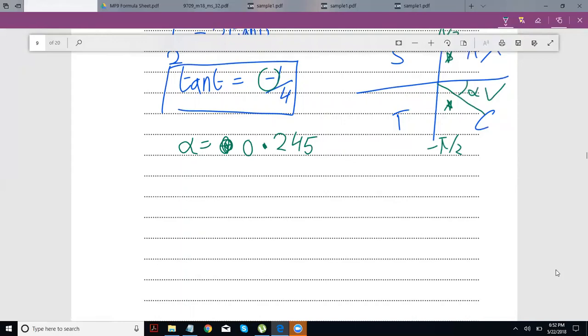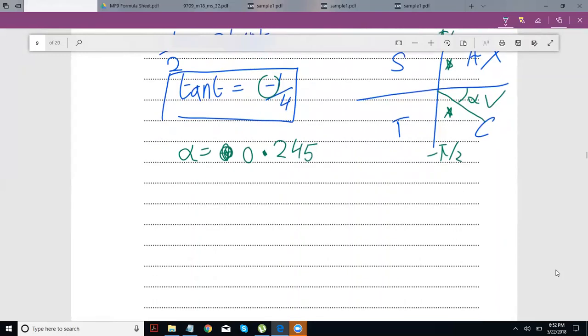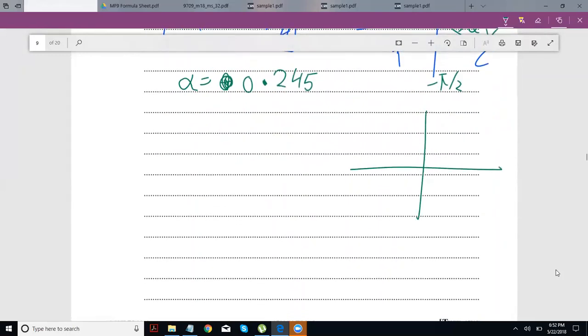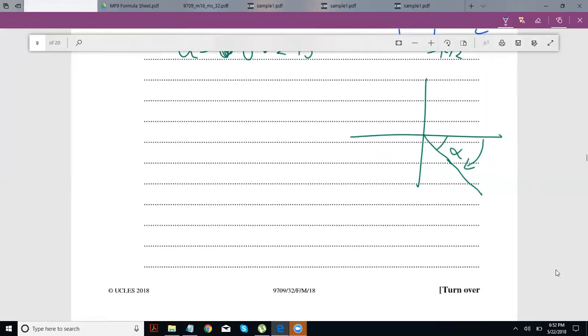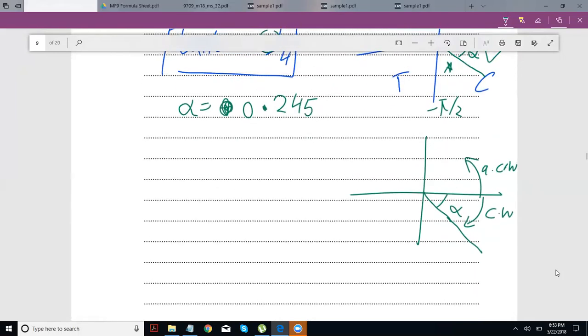Now if I just draw this again, your basic angle is the angle that it makes from the positive x-axis, which is this. When you're going clockwise, you're going in the other direction as opposed to going anti-clockwise. This is anti-clockwise. This is clockwise. So if you're going clockwise, your value of t will be what your basic angle is, which is 0.245.